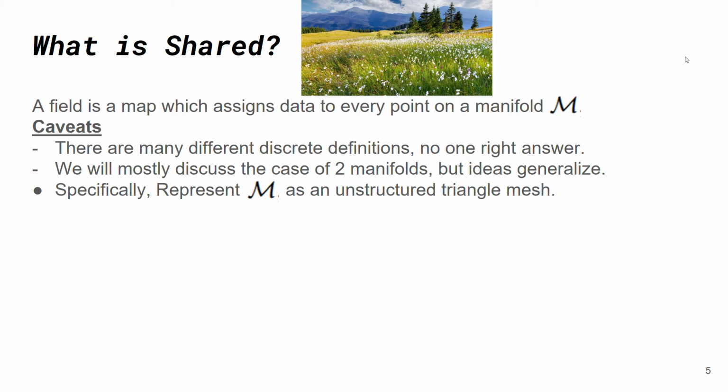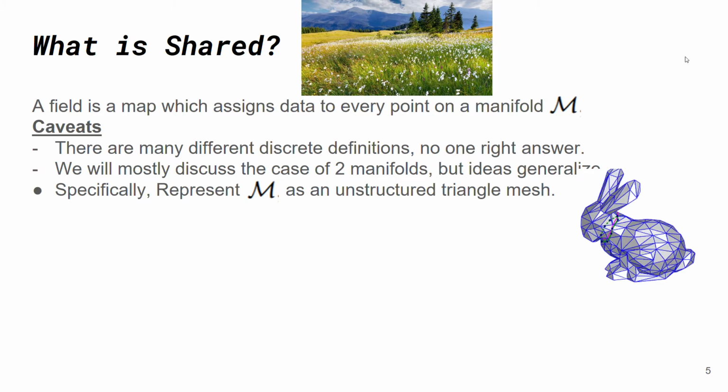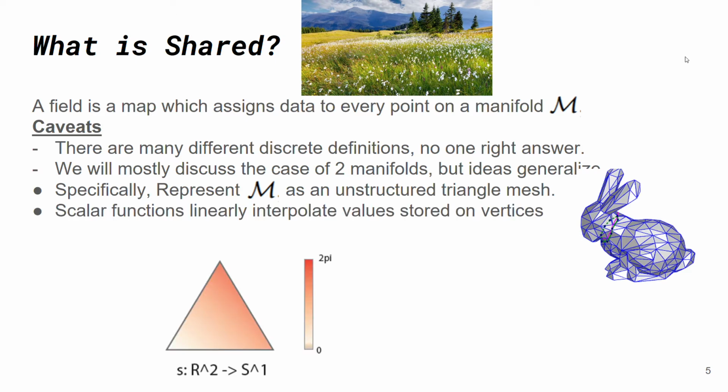Okay, so going forward, we'll be representing our manifolds as unstructured triangle meshes, so just a list of vertices and a list of triangles. We'll be representing scalar functions as a number per vertex of our triangle mesh, and then we'll linearly interpolate the scalar functions on the interior of each triangle.